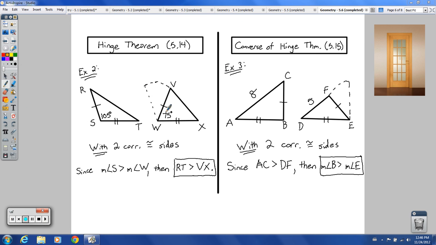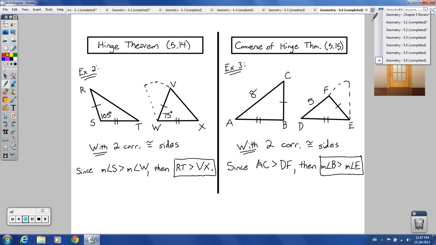This is going back to lesson 5.6 where we have the Hinge theorem and the converse of the Hinge theorem. We've got those two sides and the angle in between those two sides. If the angle in between them is smaller, then the side across from it is smaller. If the angle in between them is bigger, the side across from it is bigger. And the converse is, if the side is bigger, then the angle across from it is bigger. If the side is smaller, the angle across from it is smaller.